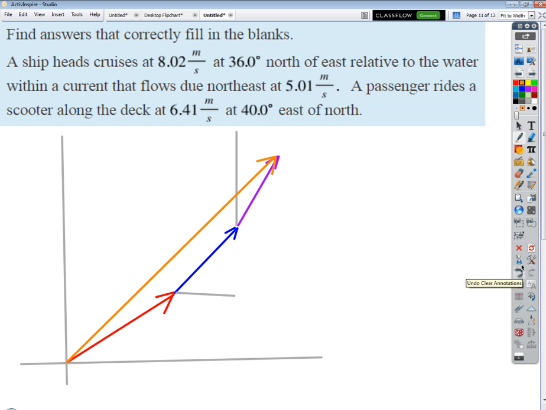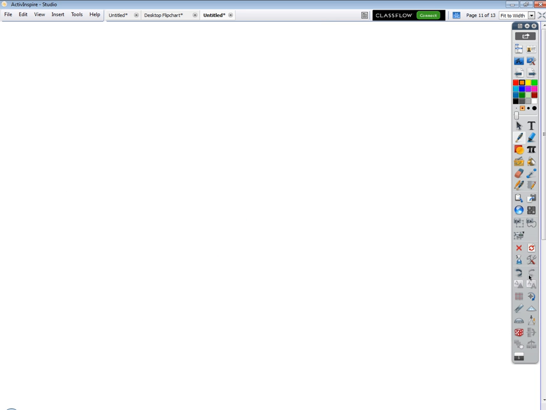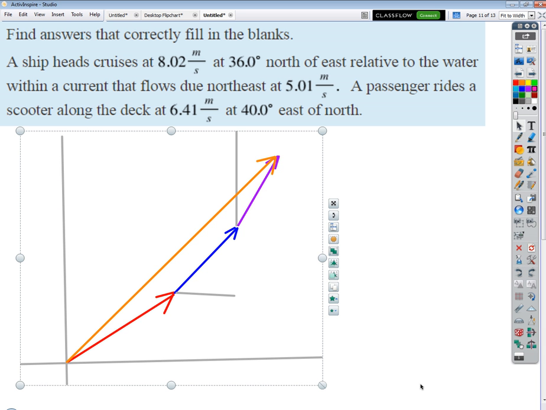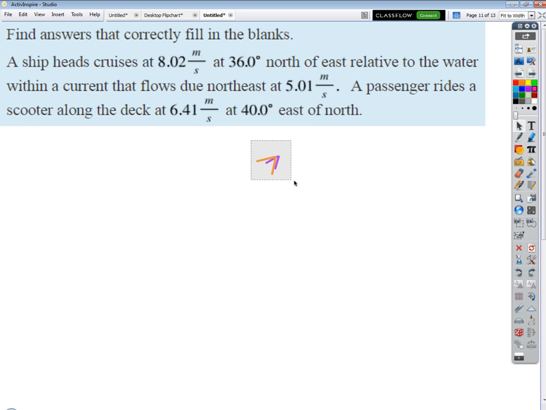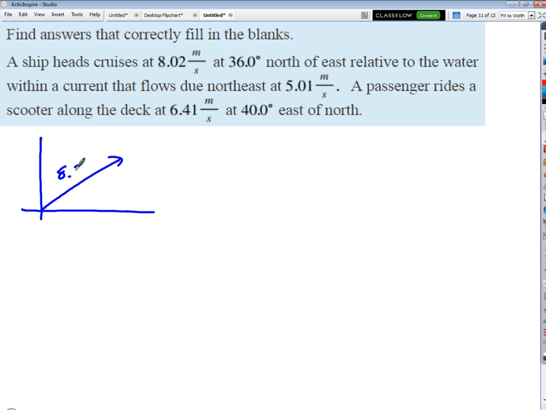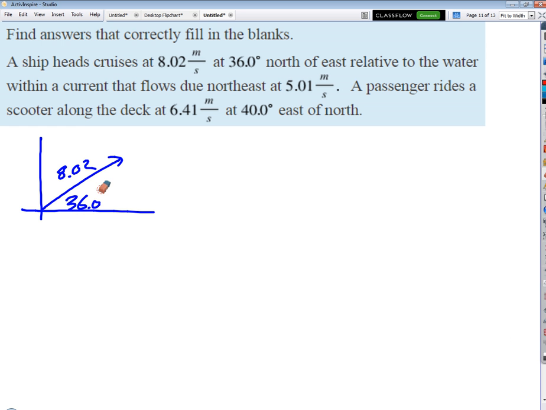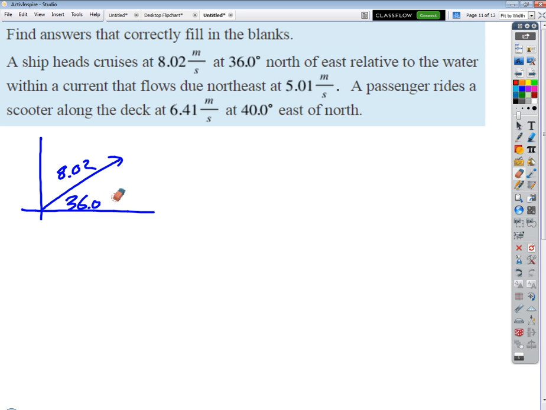So, all right, so one more time. So we got this guy. Degrees.